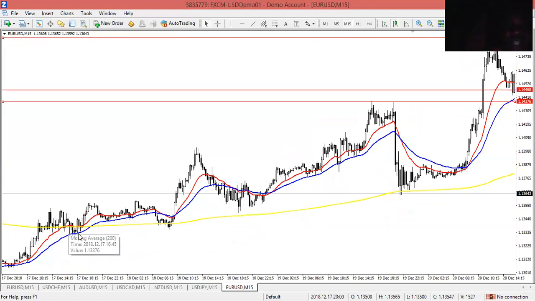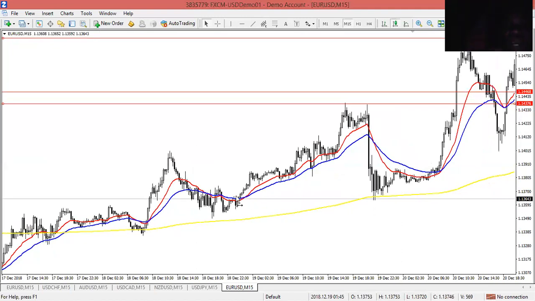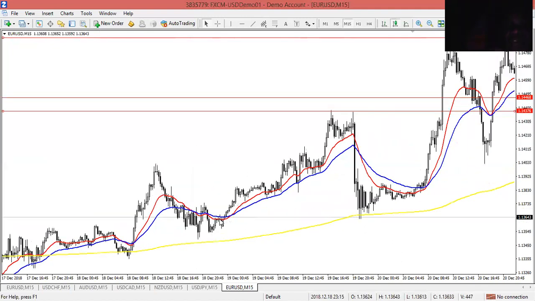I told you that the red and the blue first cross the yellow, then the red crosses below the blue a little, then the red now crosses back. You can see that this confirmation has already occurred here. So all you need to do is go ahead and look for how you want to enter and make your money.